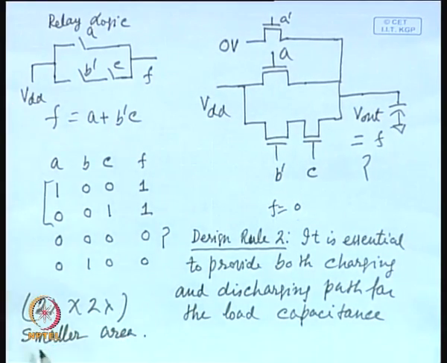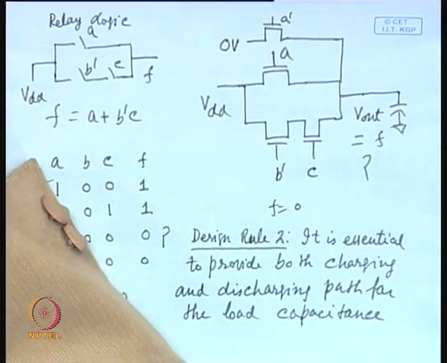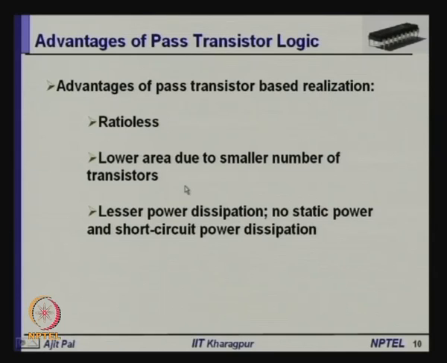This is the outcome of this. Second is lower area due to smaller number of transistors. There is another important feature of fast transistor logic circuit: you can realize Boolean functions with a smaller number of transistors.